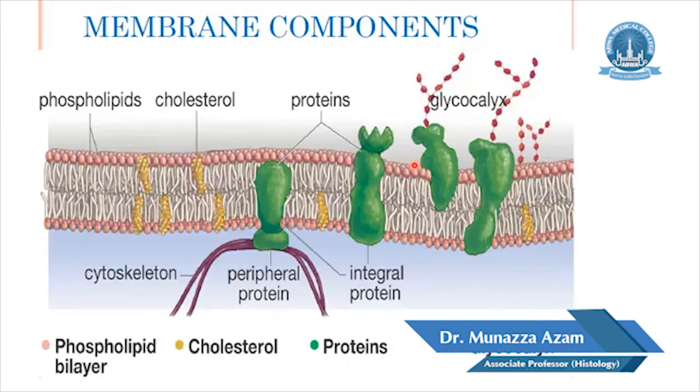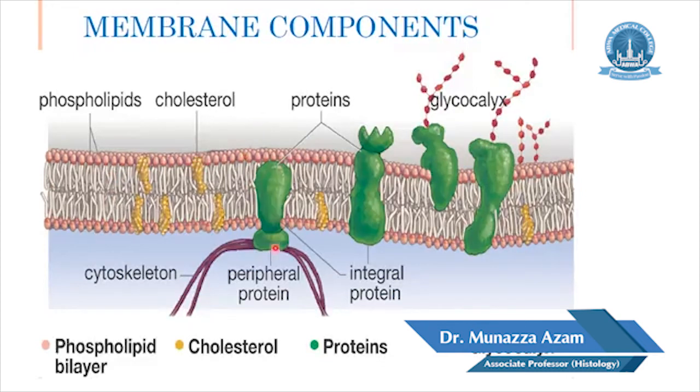So as a whole, the structure of the plasma membrane or cell membrane consists basically of a lipid bilayer composed of phospholipids, and these phospholipids have a head and two tails, which can be saturated and unsaturated fatty acids. In between are incorporated cholesterol molecules, about the same quantity as the phospholipids. These chains are present in the middle layer, and the polar heads are present towards the water side.